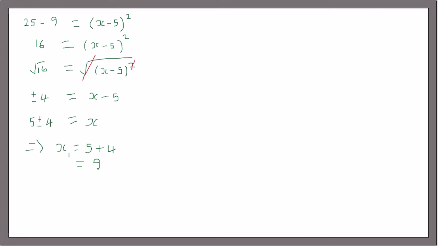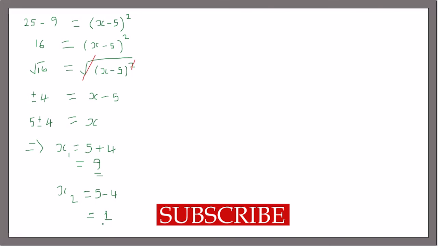Then the second one, call it x2. This one will be equal to 5 minus a 4. What is it equal to? This is equal to a 1. So the possible values of x in our question are 9 and 1.